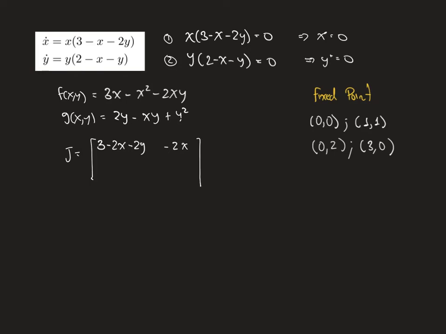And now what is the dg/dx? This is 0 minus y here, and the dg/dy, 2 minus x plus 2y. Okay, I just realized I flipped a sign there. I don't know why I keep doing this, but I hope you have already found this silly mistake. Okay, so this is supposed to be a minus.